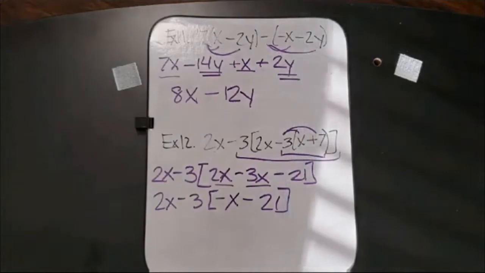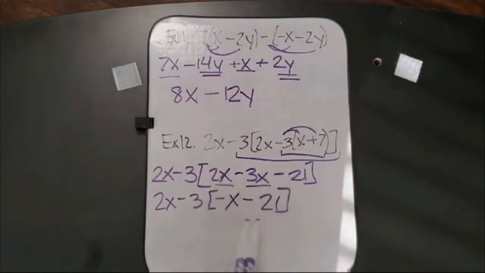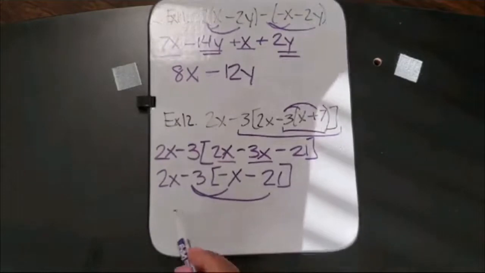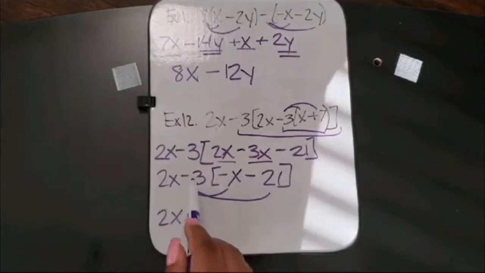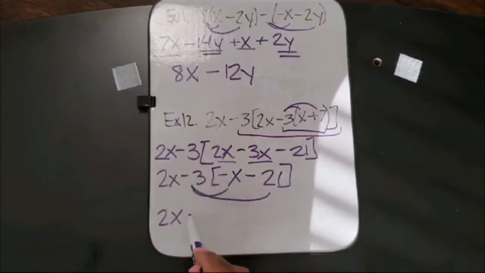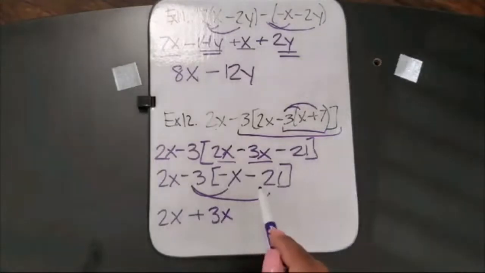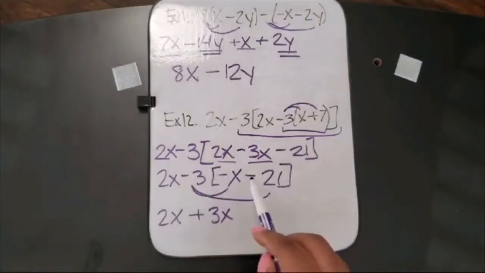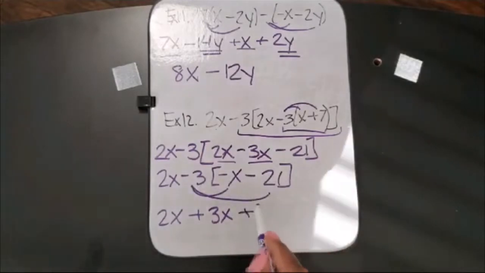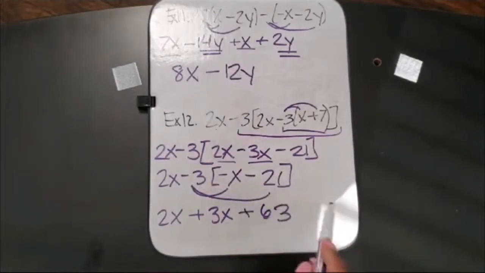Now that we have that simplified in our brackets, we can look to this negative 3 and multiply that negative 3 by each term. So we have 2x, we're just bringing it down. Negative 3 times negative x is going to be positive 3x. And negative 3 times negative 21 is going to be positive 63.